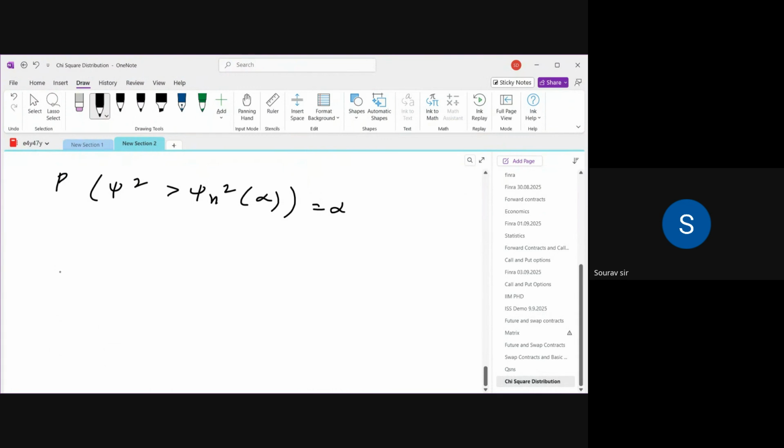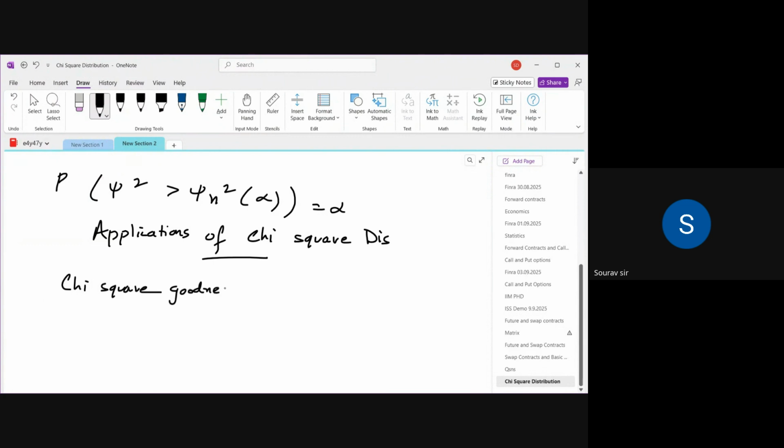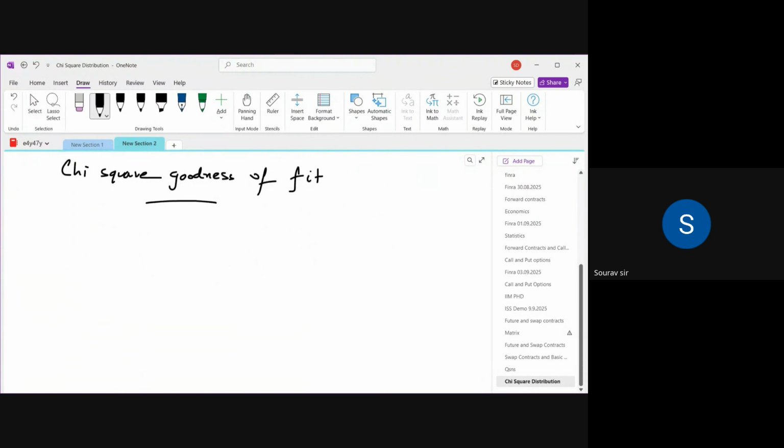Now, some of the applications of the chi-square distribution. First, chi-square goodness of fit. Who developed it? Professor Karl Pearson in 1900, to test the significance of the difference between the experimental values and the corresponding theoretical values under some theory or hypothesis.